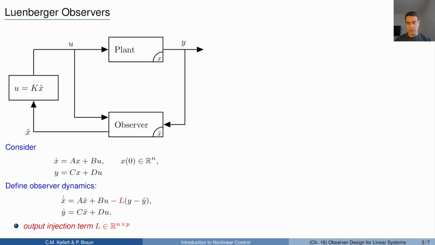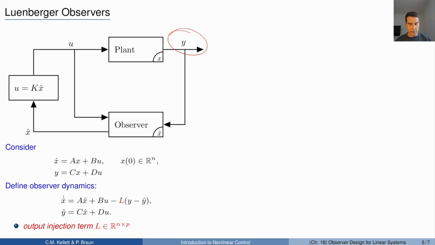However, this is of course very restrictive because we relied on the assumption that the matrix A is Hurwitz, and we actually didn't make any use of the information that is available to us in terms of the output of our plant.